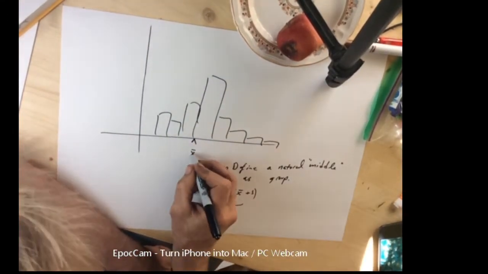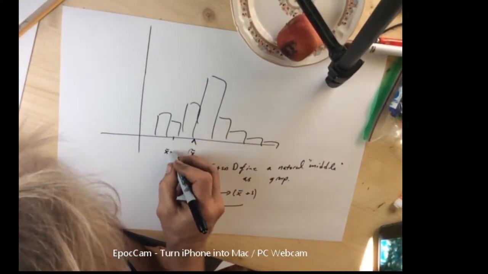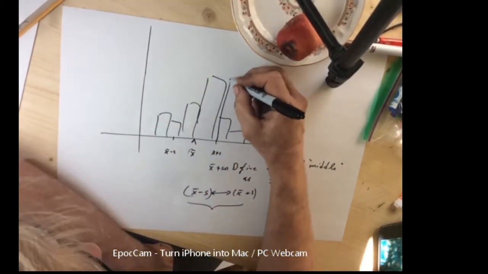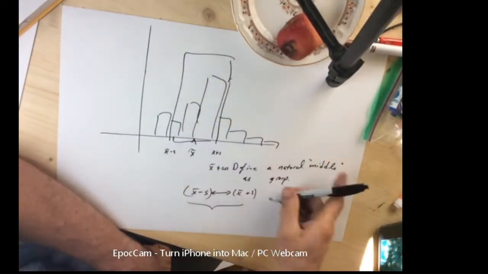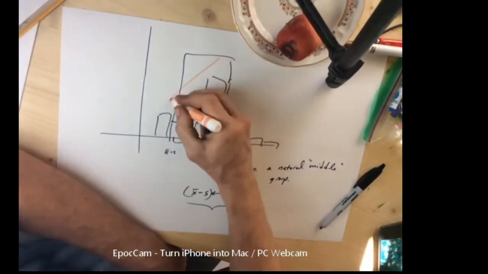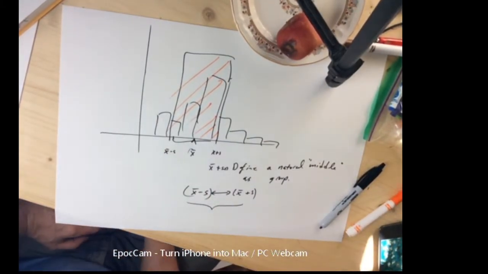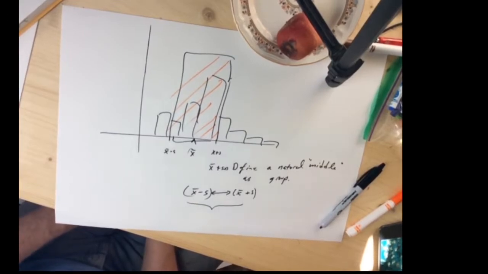And so you calculate x bar minus s, you calculate x bar plus s, and you have created a group that usually is around 50 to 70% of the population. It can be more, it can be less, but it collects people together.